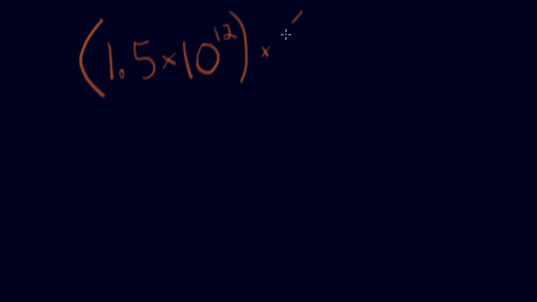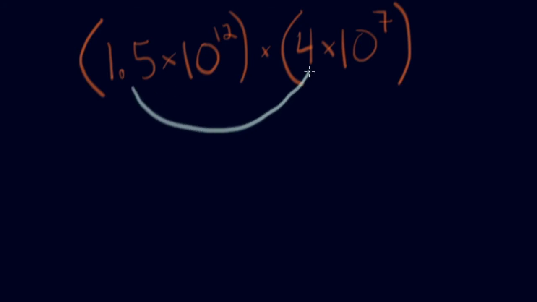So here we go. How do we multiply our scientific notation? Well, let's start off with a fairly nice and easy example. 1.5 times 10 to the 12th, which is a really big number, times 4 times 10 to the 7th, also a very big number. So what you have to do here is, you might be thinking a little bit of FOIL. It's not quite like FOIL. What you do is you take the numbers in the front and you multiply them.